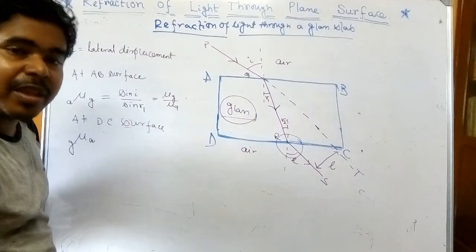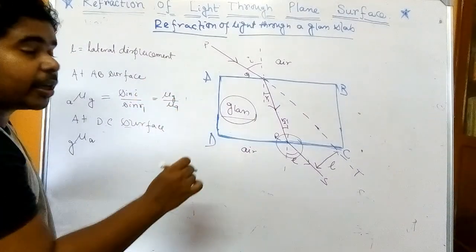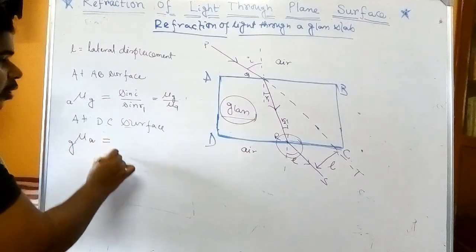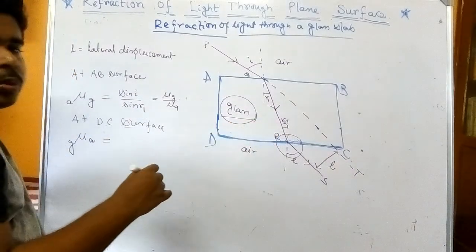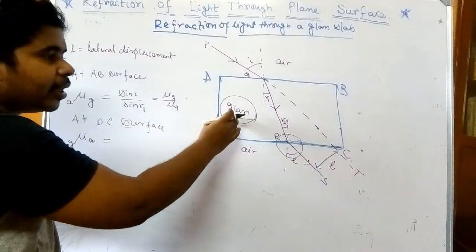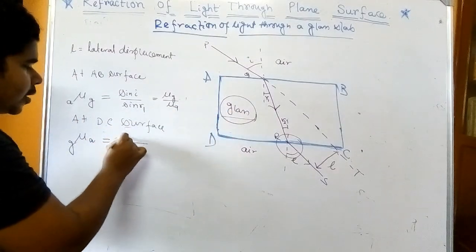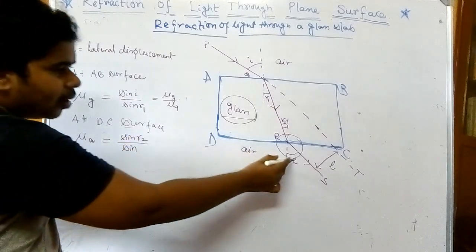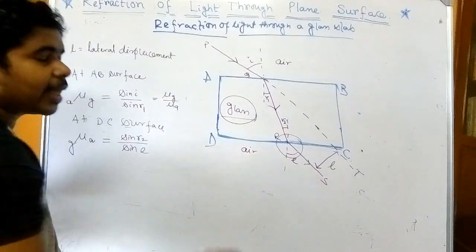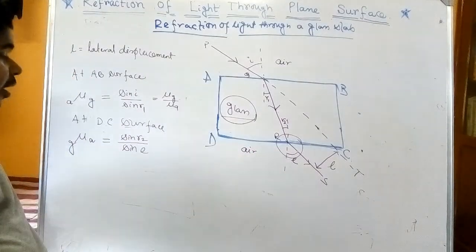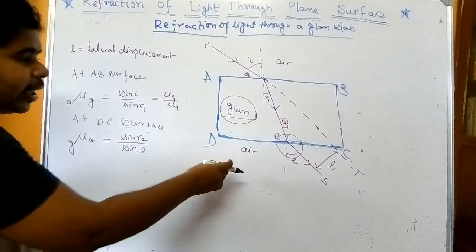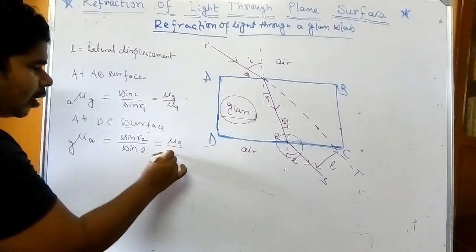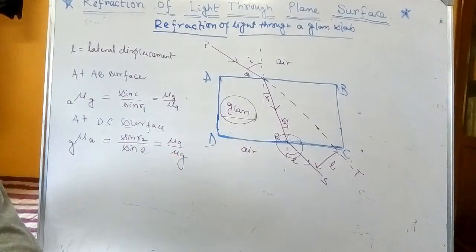From which medium the light ray is incident, the refractive index is calculated with respect to that medium. So here R2 is the angle of incidence in the glass medium, so it is sine of R2 by sine of E. Here E, the angle of emergence, is the angle of refraction in the air medium, and that is mu A by mu G.